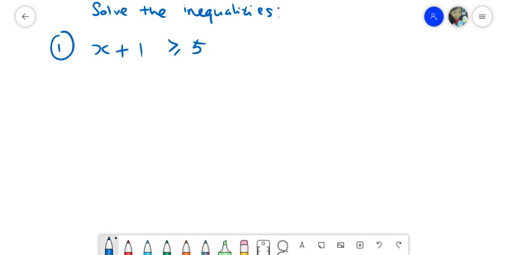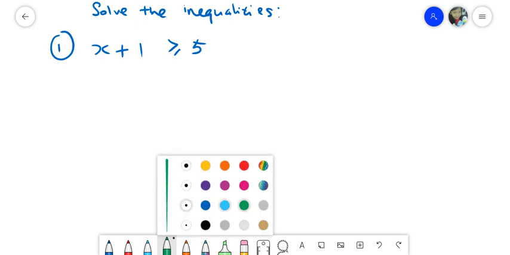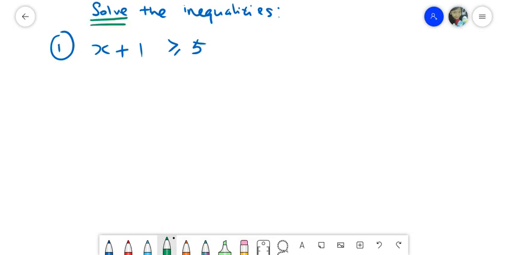So how to solve this? When we say solve, it means that you always have the x on the left hand side, and numbers on the right.